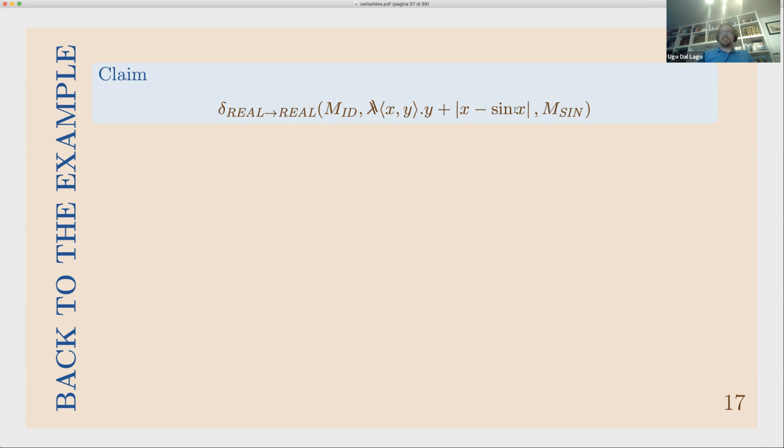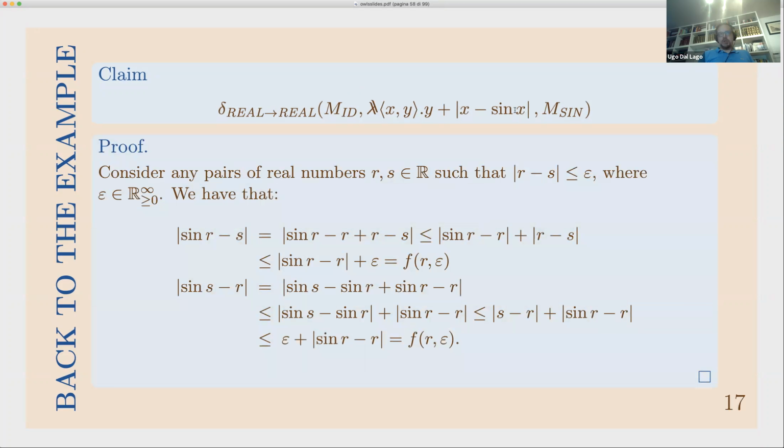And you can prove that this is the case just by following the definition. And if you consider any pairs of real numbers r and s at a certain distance epsilon, well, you can just check that the sine of r minus s and sine of s minus r are within the bound, where, of course, f is this function here.